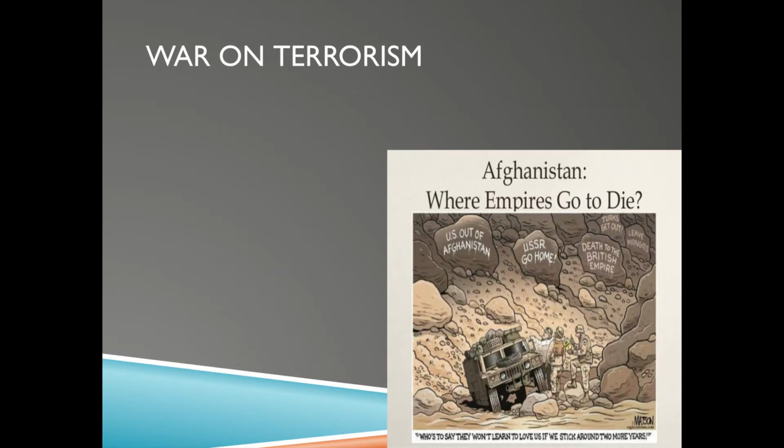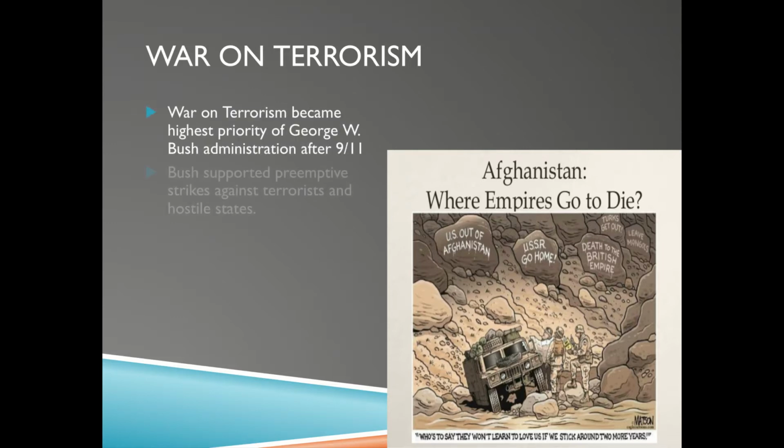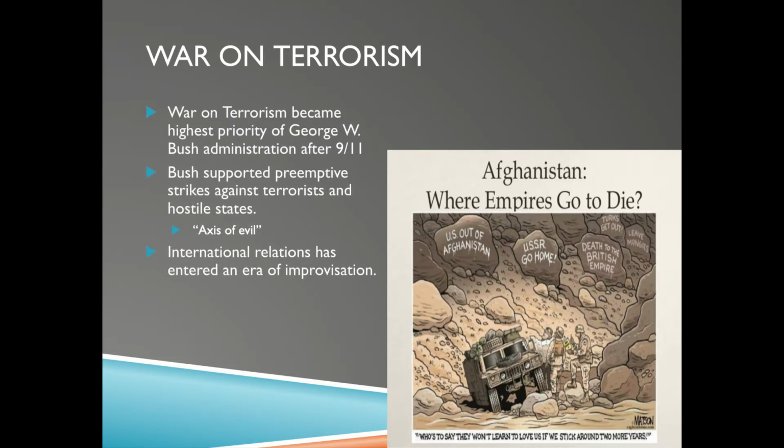And then we're going to get into the war on terrorism. This is after 9/11. The war on terrorism became the highest priority of the George W. Bush administration. It was not simply just invading Afghanistan. A couple weeks after 9/11, the invasion of Afghanistan was wildly popular in the United States.